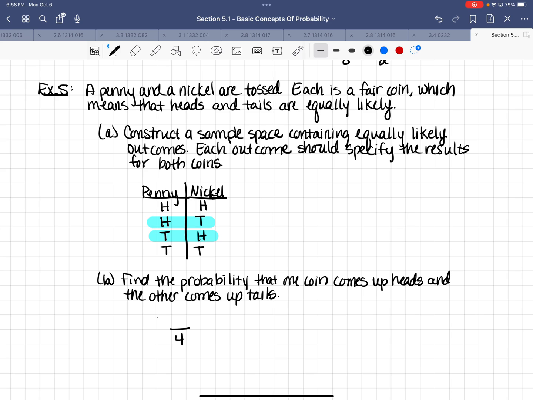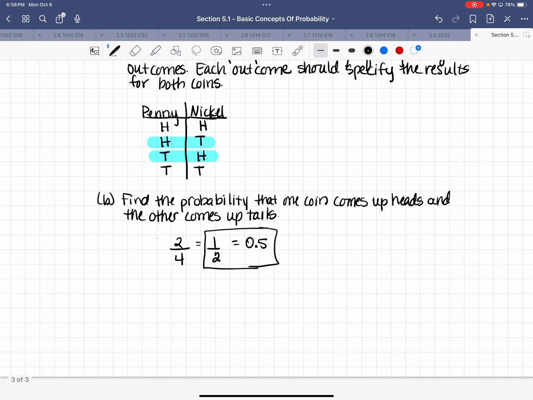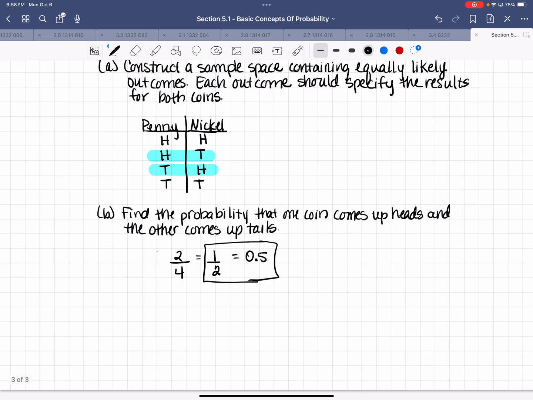And how many could I have of differing value? 2. 2 out of 4. 1/2, which is 0.5. Like I said, I believe your homework will take either one of those, fraction form or decimal form. Okay?